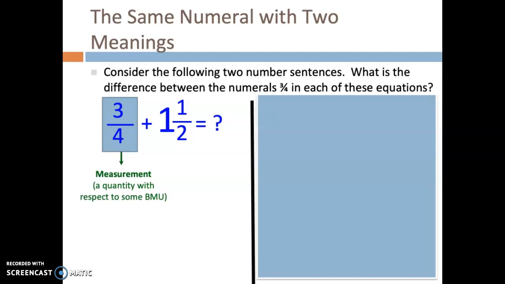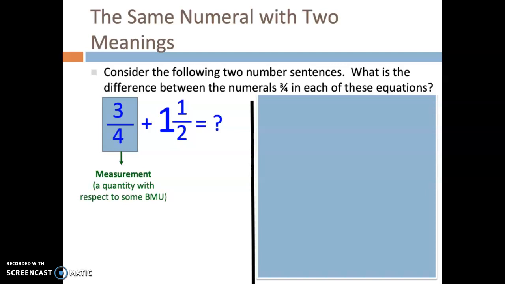Okay, so I hit pause for a moment to cover up the second number sentence. This will allow your students to visually focus one at a time. So let's go back. We're going to consider 2 number sentences and think about the difference between the numerals 3/4 in each of the equations. The first equation is 3/4 plus 1.5. So 3/4 in this number sentence is a measurement, the quantity with respect to some basic measuring unit, BMU.